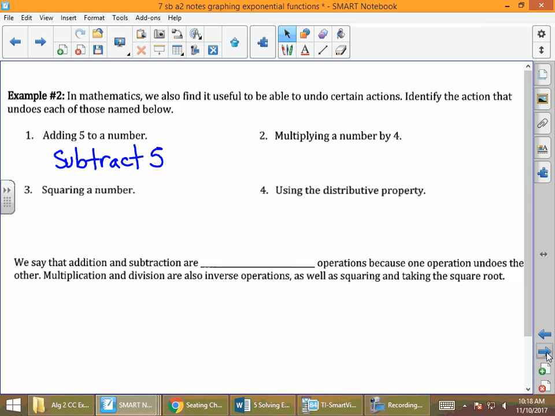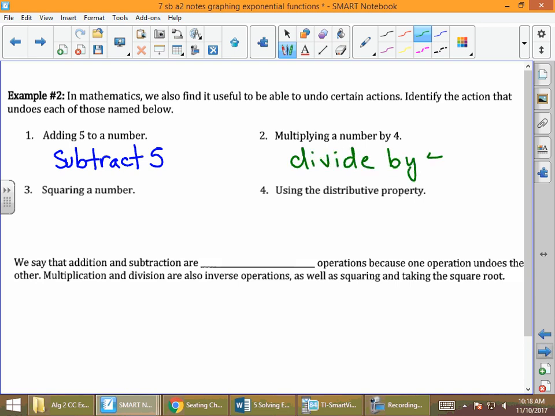Or if we multiply a number by 4, what's our undoing? We're going to divide. Maybe a little bit tougher one, but how do we undo squaring a number? Square root. Good.